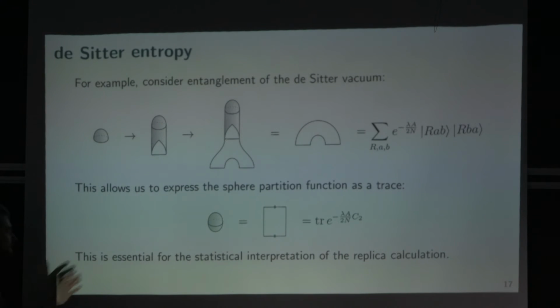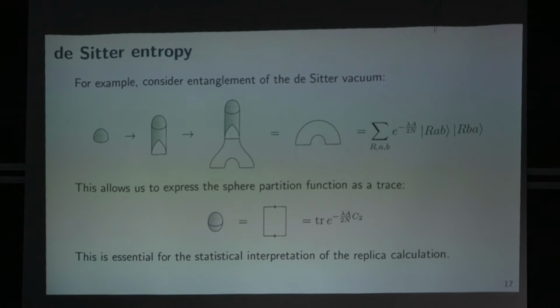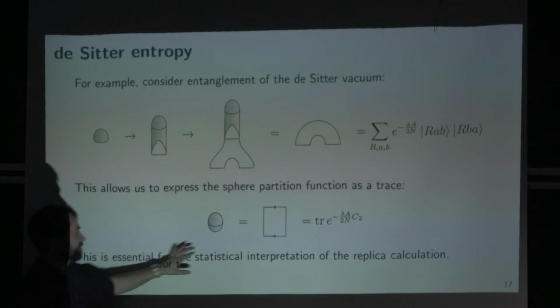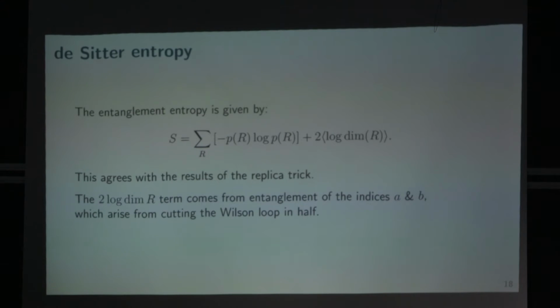And while these two diagrams calculate the same thing, the fact that you can write the right one as a trace is essential to have some interpretation as a statistical partition function, and therefore as a statistical entropy. So from this, one can get very easily the entanglement entropy, and it's given by this same formula, or a special case of this formula that I showed early on.